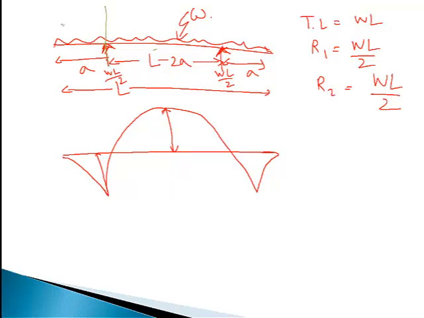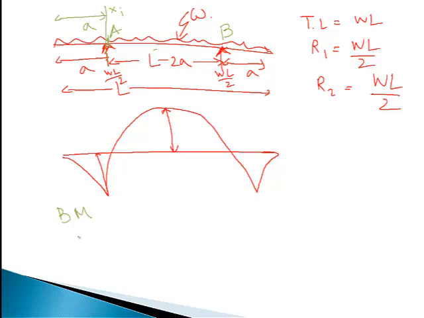This is A. So what will be the bending moment at this position? X1. So let us take this as point A, this is point B.